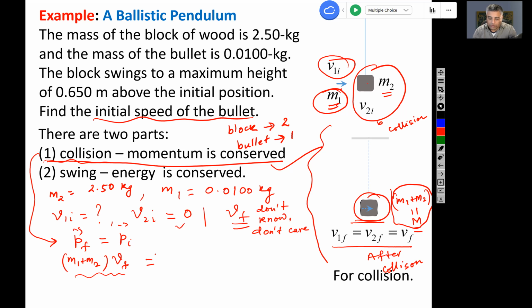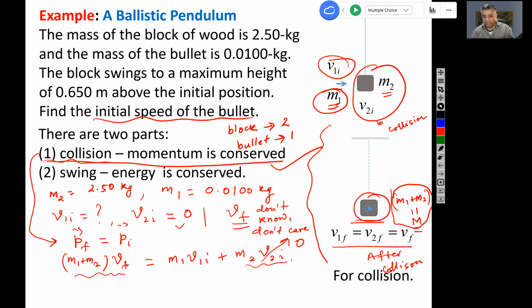And what is total initial momentum? So they were separate. M1 V1i plus M2 V2i, and V2i is 0.